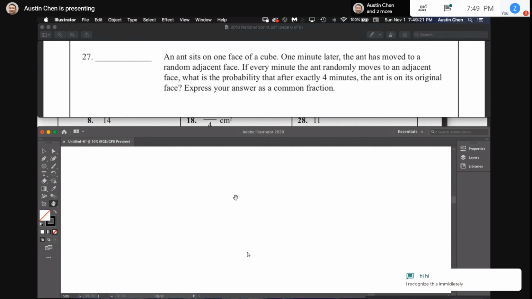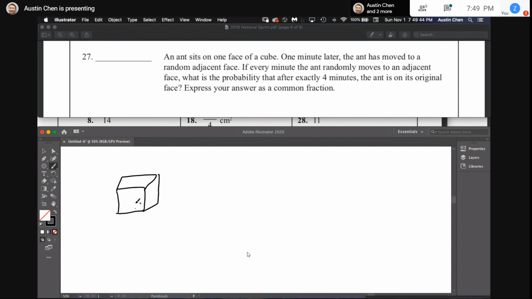Okay. So the ant is going to make 4 random moves, and we want to find the probability that it's on the original face. So without loss of generality, we can make this top face the starting face, and we can say the ant goes to this face right here.